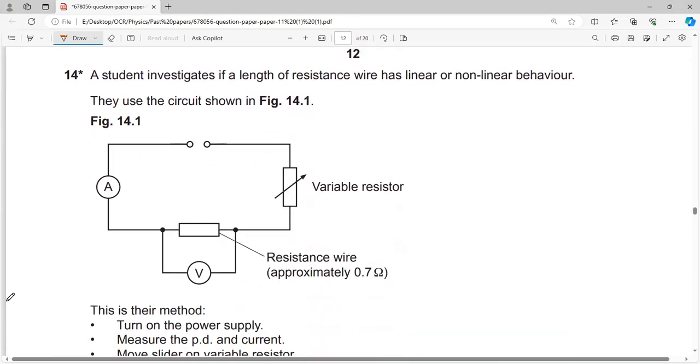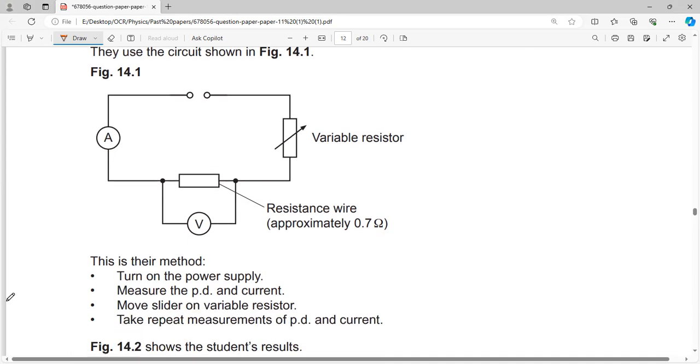We're going to move to the next question here. A student investigates if the length of the resistance wire has linear or non-linear behavior. They use the circuit diagram to explain that. In the circuit we have, there is a key in the circuit.